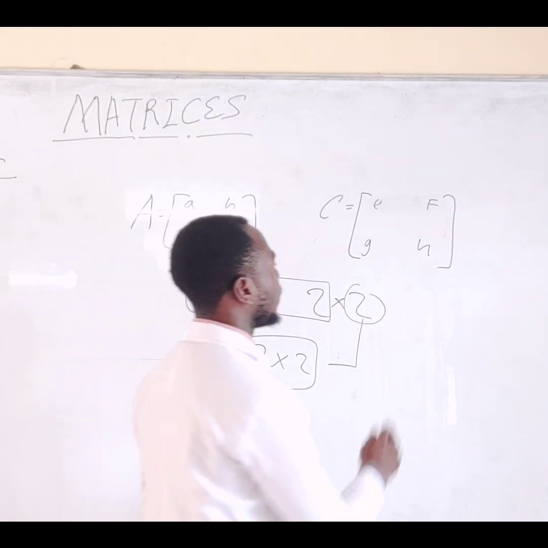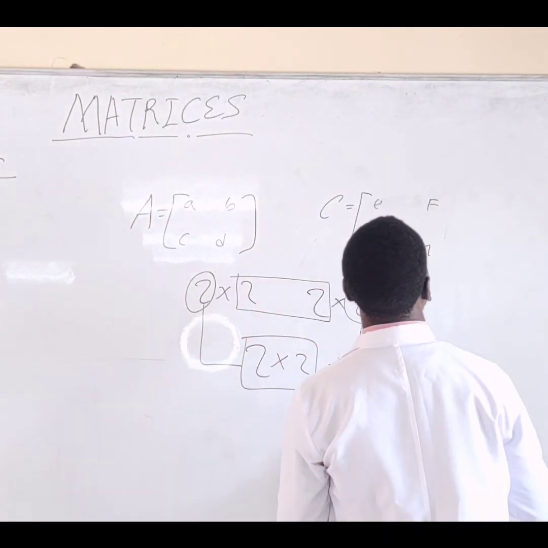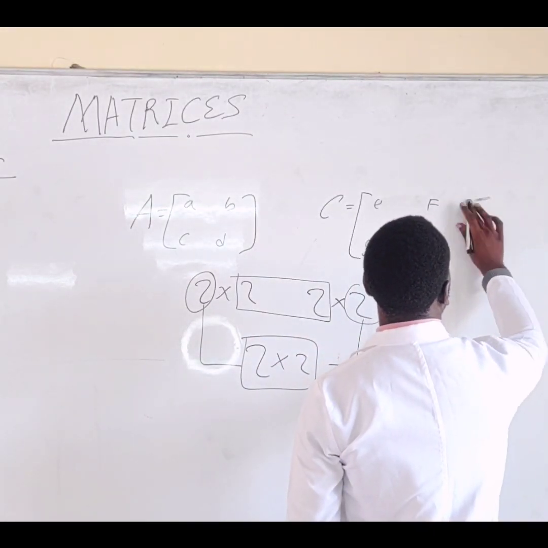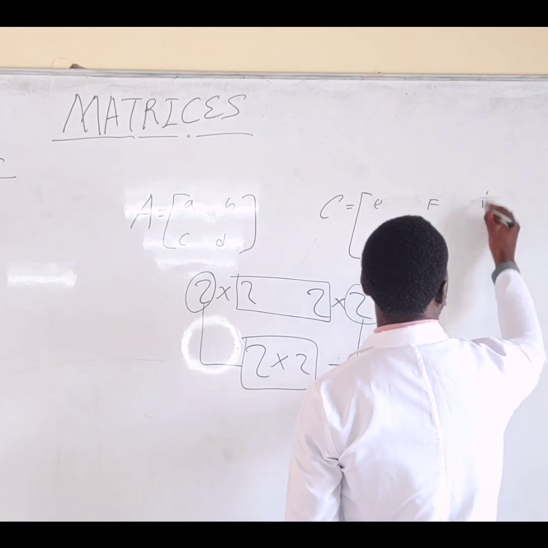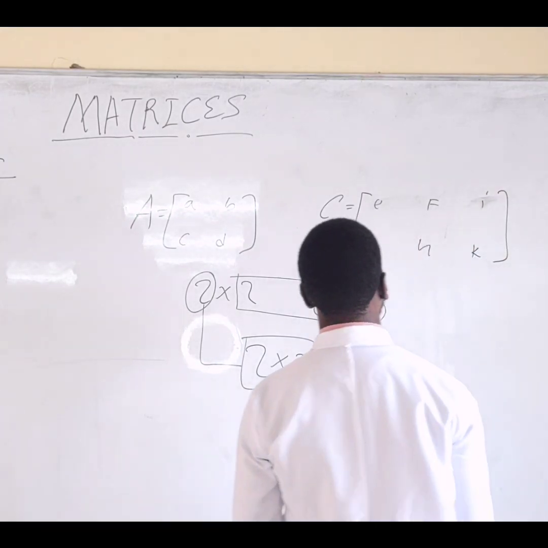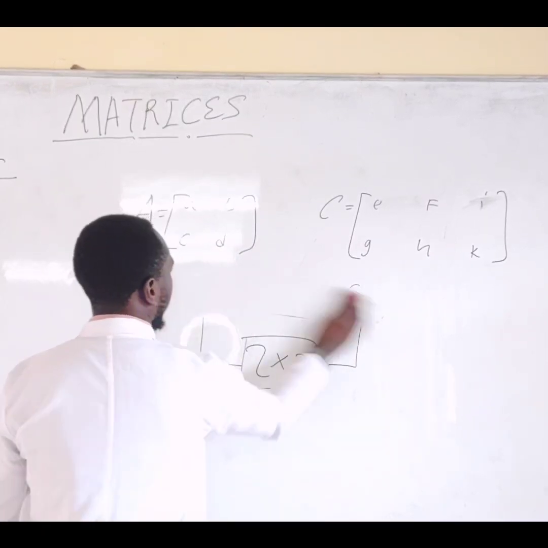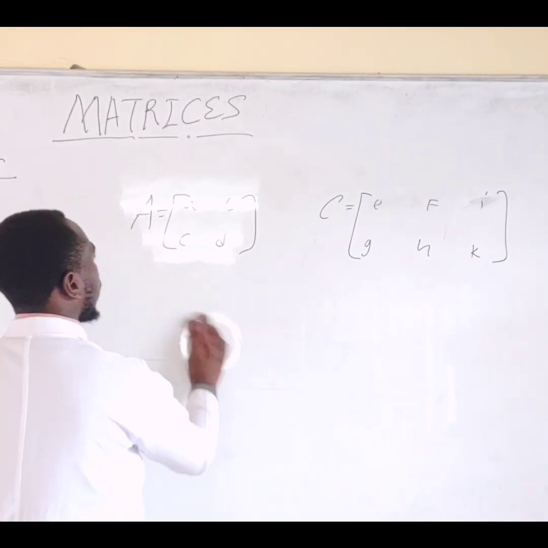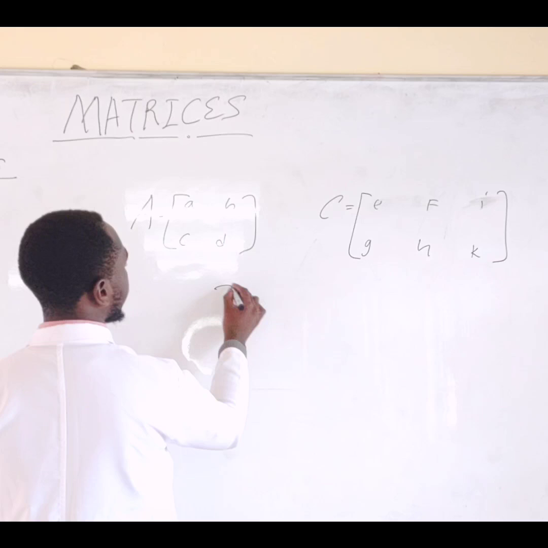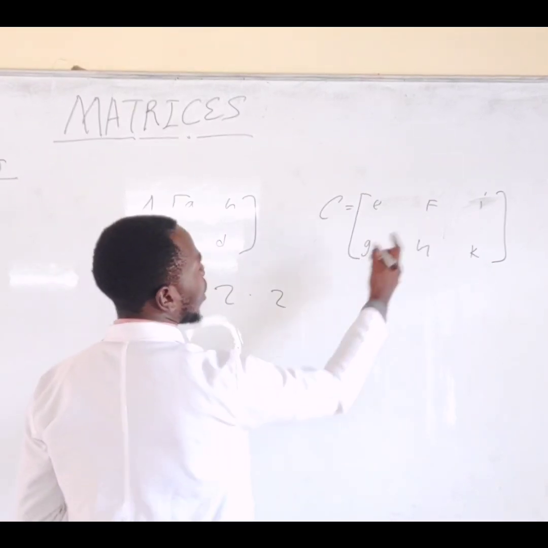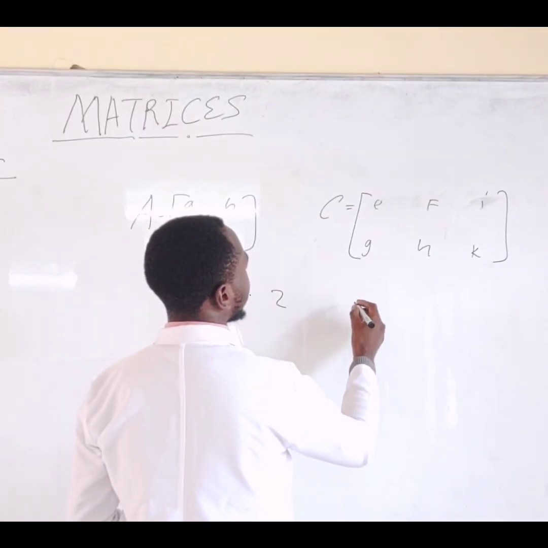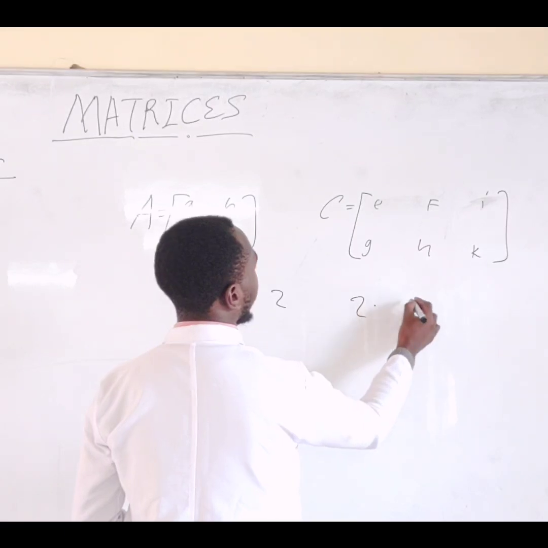When you have two similar numbers, it simply means you can multiply those matrices. Let's say here you have I, then K. You have something like this. Then to multiply these two given matrices, you are going to come up with the order. What is the order of this one? It is 2 by 2. What is the order of this one? I believe it is 2 by 3.